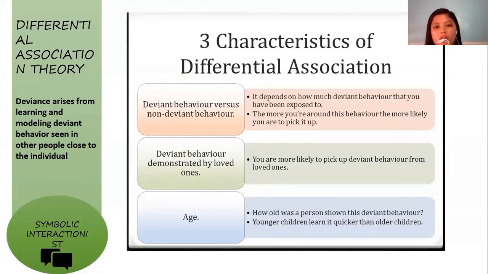We have here three characteristics of differential association: the length of exposure to the behavior, the models that provide the act or the behavior, which may be deviant or not, and the age of exposure of a person to a given act or behavior.